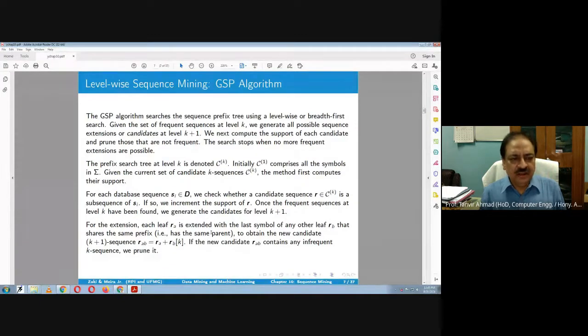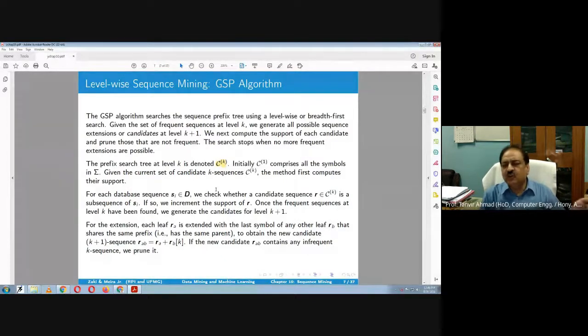Okay. Now, the terminology: when I am going to generate the prefix search tree at level k, we will call it C of k, where initially k is equal to 1. Therefore, initially it is C of 1. That means it comprises all the symbols at the root level, because it contains all the symbols.